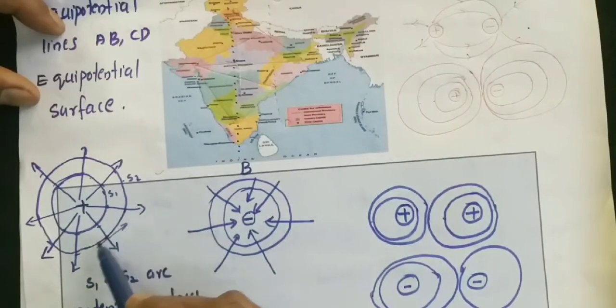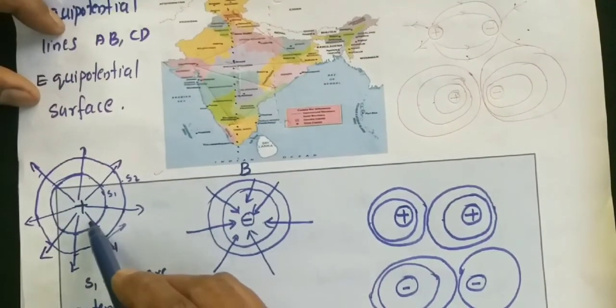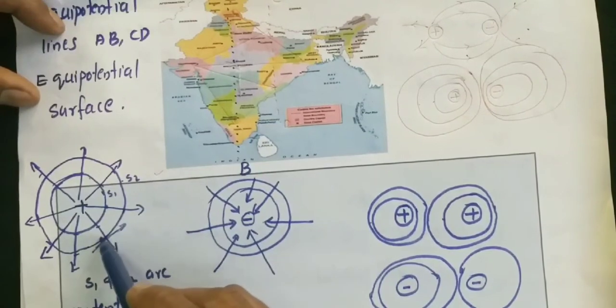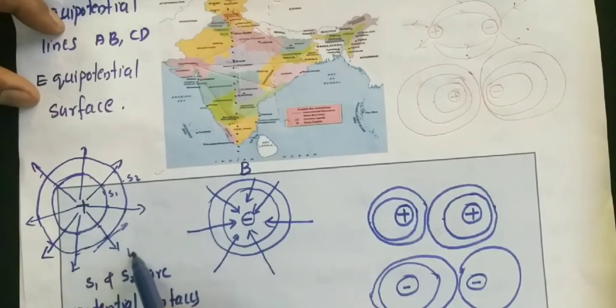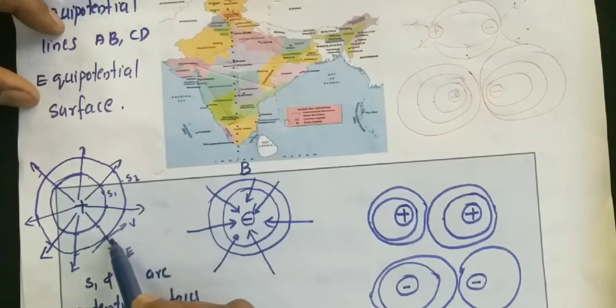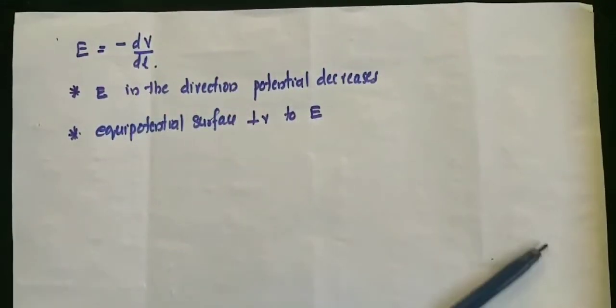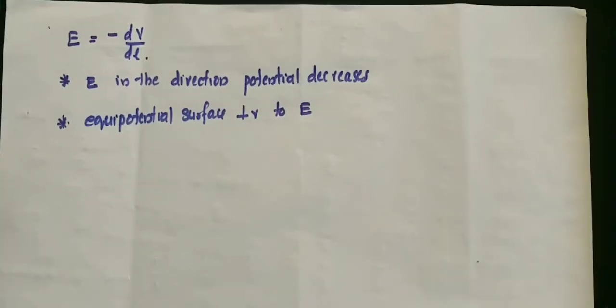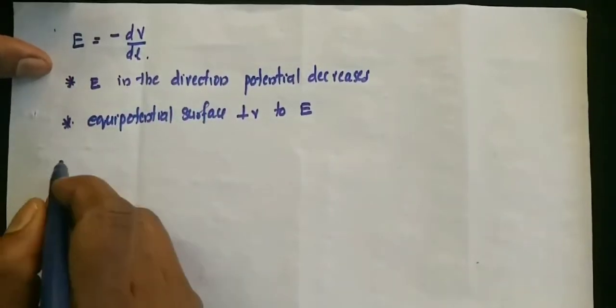If I draw a tangent to represent the potential, remember potential is a scalar quantity, it does not have a direction. Even though if I make a tangent as the direction of the potential, then the equipotential surface will be perpendicular to the electric field. That means the geometry of the electric potential will be perpendicular to the electric field.